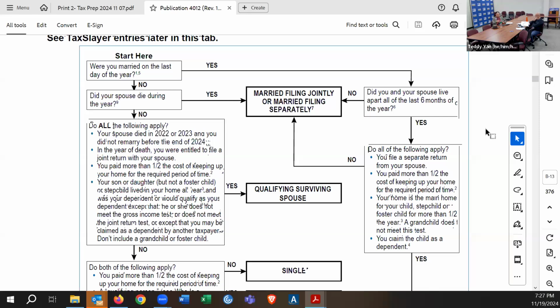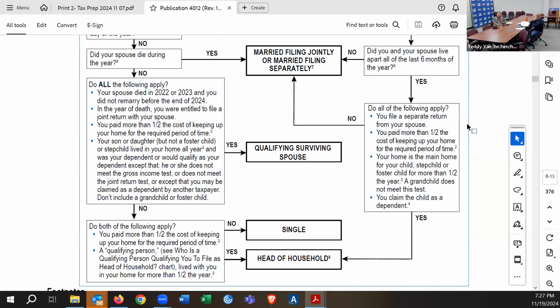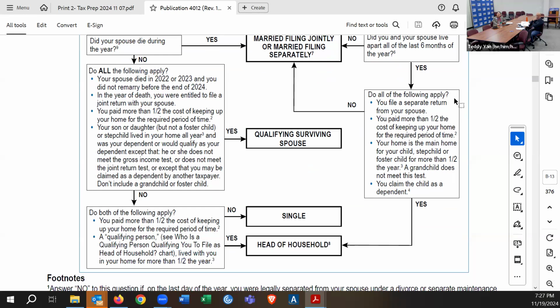These high-level things do not change between the tax years. We'll see what happens in 2025, whether that changes, but they did live apart all of the last 6 months of 2023. And did all of the following apply? Is Danny filing a separate return from Elise? Yes.